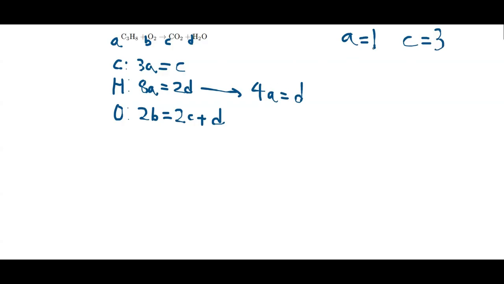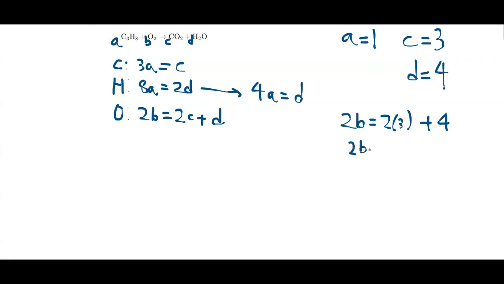And then if I put A is 1 here, then D becomes a 4. And we need to solve for B. Since we know C and D here, we can substitute here. So 2B is equal to 2 times 3 plus 4.